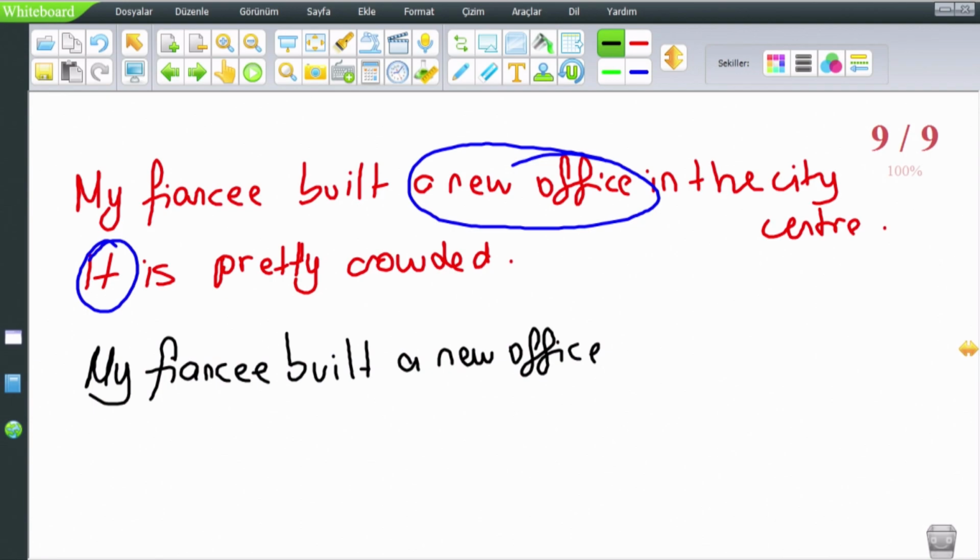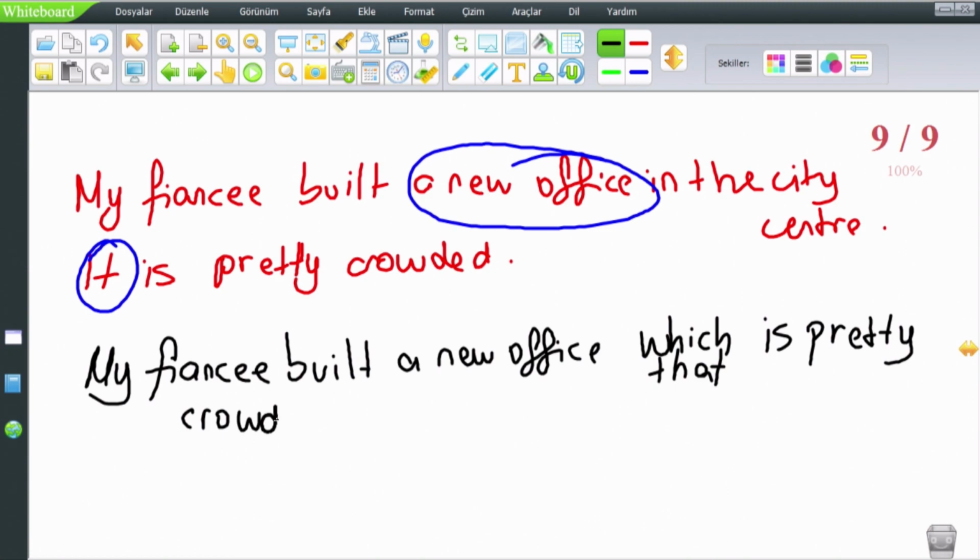And I'm going to put my relative pronoun right after it. A new office, which, or that, again, both are correct and fine, which is pretty crowded, is in the city center.